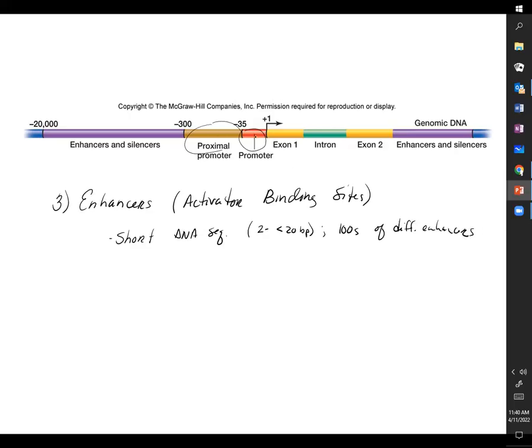Now, while promoter proximal elements and promoters are directly upstream of the transcription unit, enhancers can be distant from the promoter. They can be upstream, thousands of base pairs away. They can also be downstream. Sometimes they can even be in the transcription unit itself, in the introns, and they can be in multiple copies.